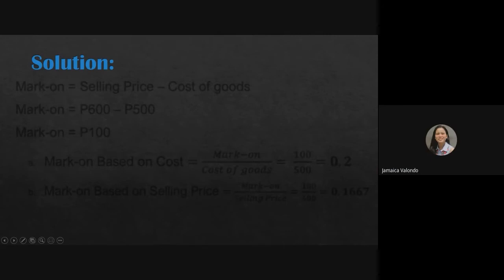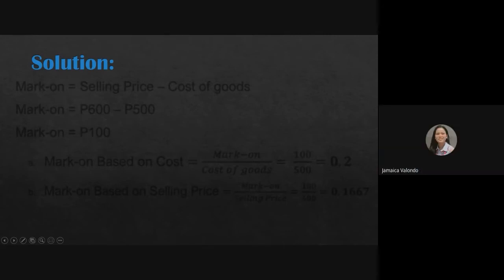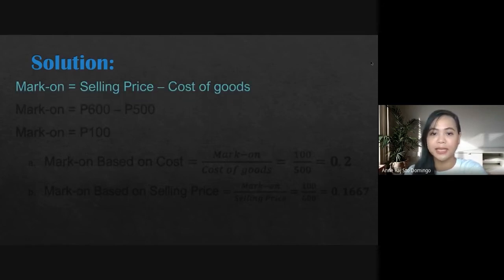What is the formula for the mark-on? Selling price minus cost of goods. Okay, very good, Jamaica. So we can get the mark-on by getting the difference of the selling price and the cost of goods. Now, what is the given selling price?